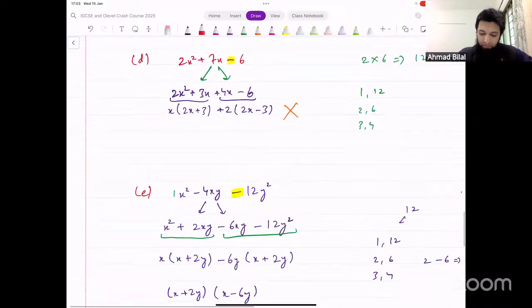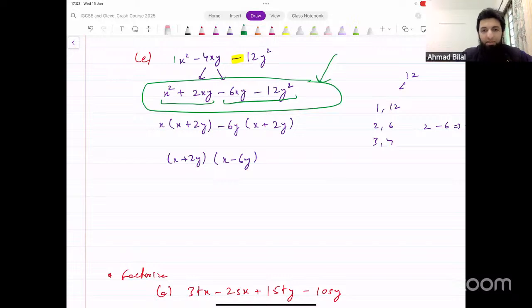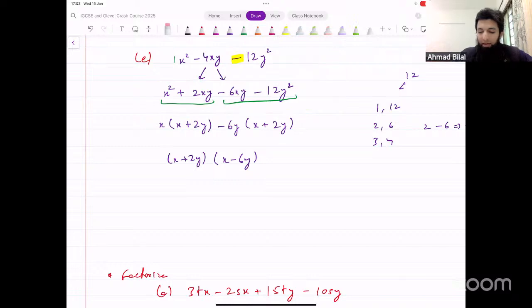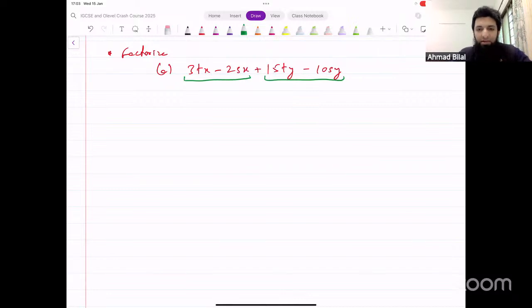So think of the second step in this process. It's like you've reached this second step already, which means you just have to look at the first two terms and the third and fourth terms and see, can you take anything common from the first two terms and can you take anything common from the third and fourth terms? And then just using that, you factorize this.